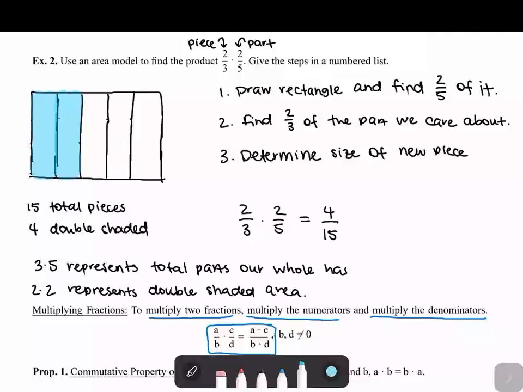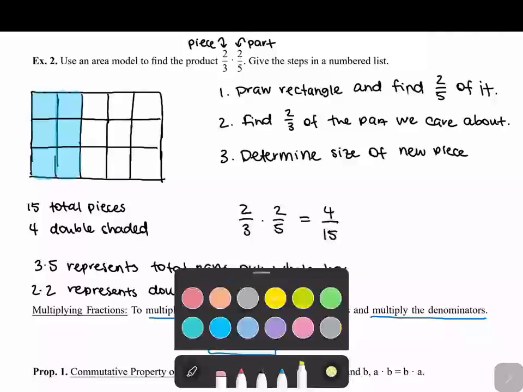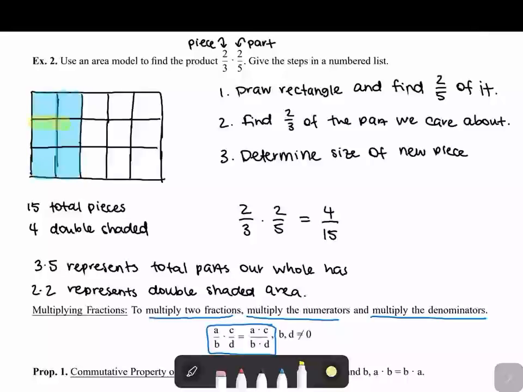And then if we want to find 2/3 of this piece as well, we just divide it into thirds and then shade 2/3 of the piece. So we're going to shade these bottom 2. And here, the yellow represents 2/3 of the piece, and the blue represents 2/5 of the piece.